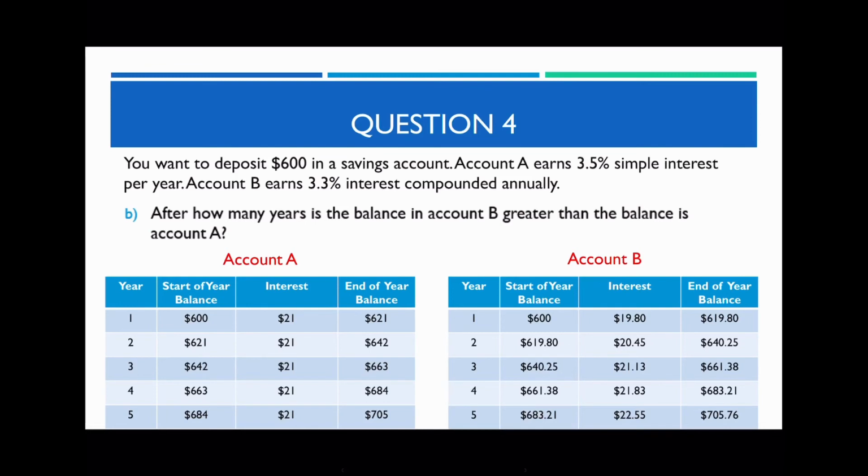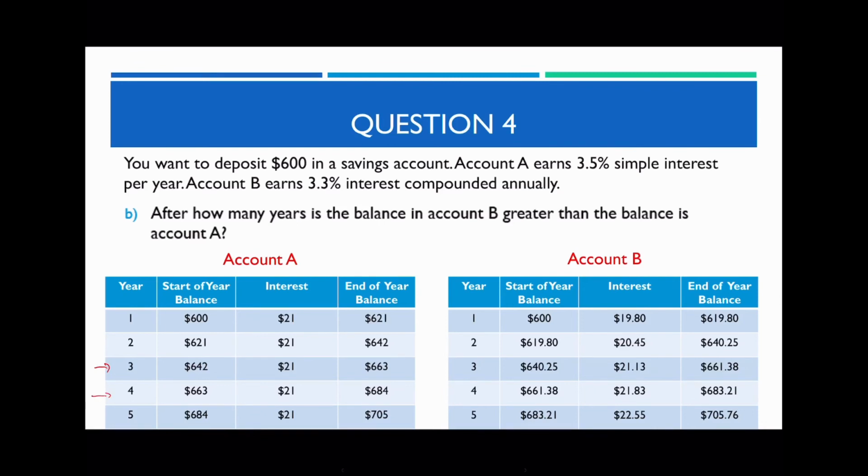Question B says, after how many years is the balance in account B greater than the balance in account A? Again, you can only answer this question if you've actually done the table. After 3 years, simple interest is still more.